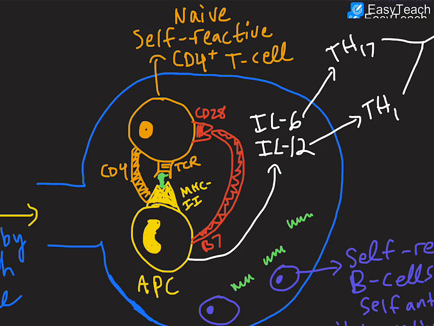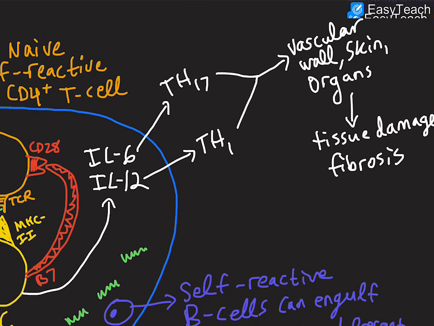Once that happens, our T cells can get activated. Our antigen-presenting cells can also release interleukins like interleukin 6 and interleukin 12. Interleukin 12 can make this naive CD4 self-reactive T cell differentiate into self-reactive Th1 cells, your helper T cells, but the Th1 subtype.